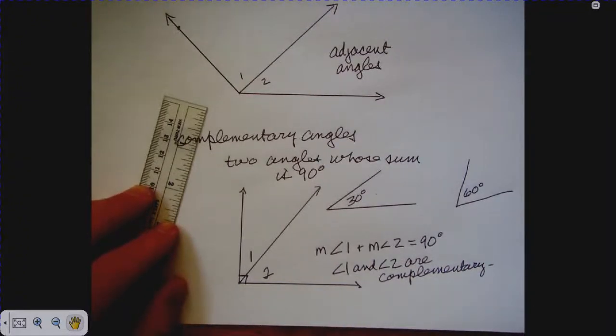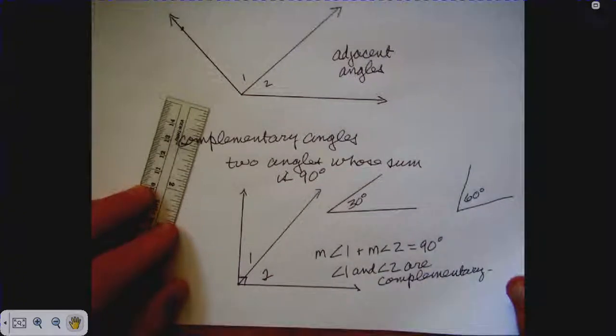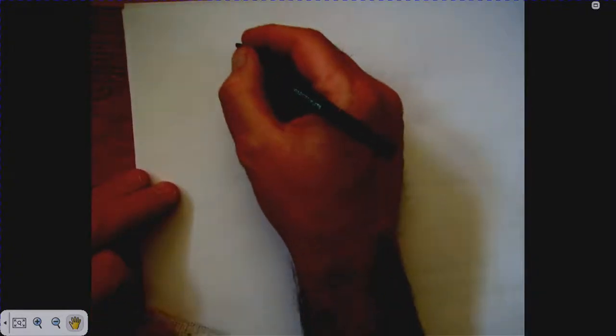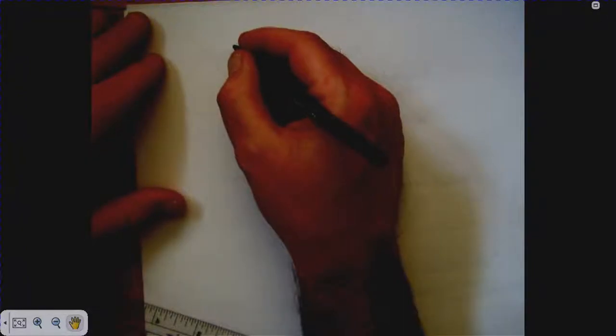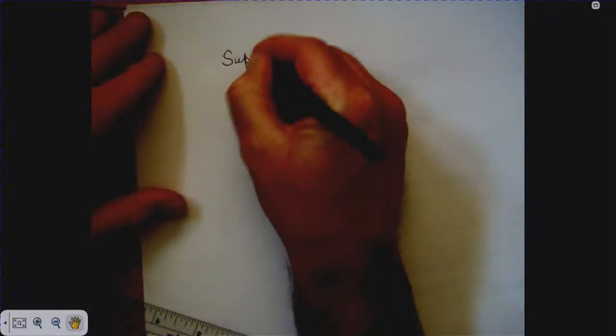Now, the other thing we can have is two angles whose sum is 180 degrees. We call these supplementary angles, and you've had this before also.